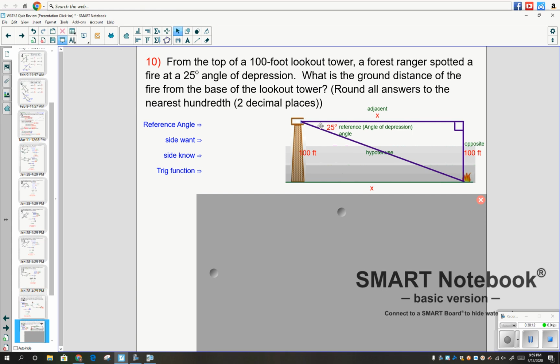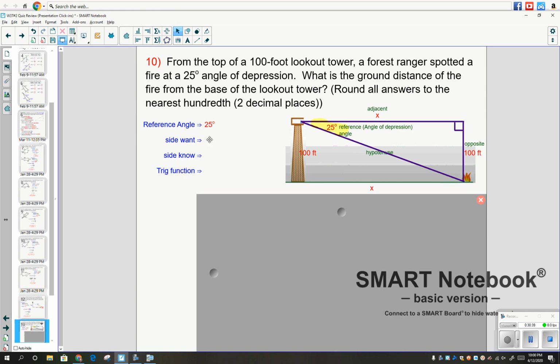So do note the angle of depression is right here, 25 degrees. It's this angle right in here that I've just highlighted. It is not the angle below, created by looking down and the tower. It's by straight ahead and then down. And that 25 degrees is my reference angle.